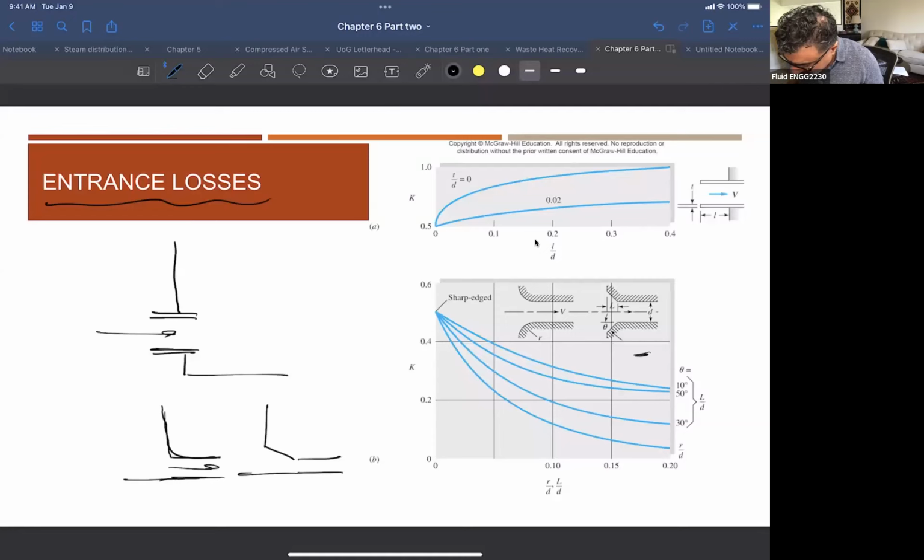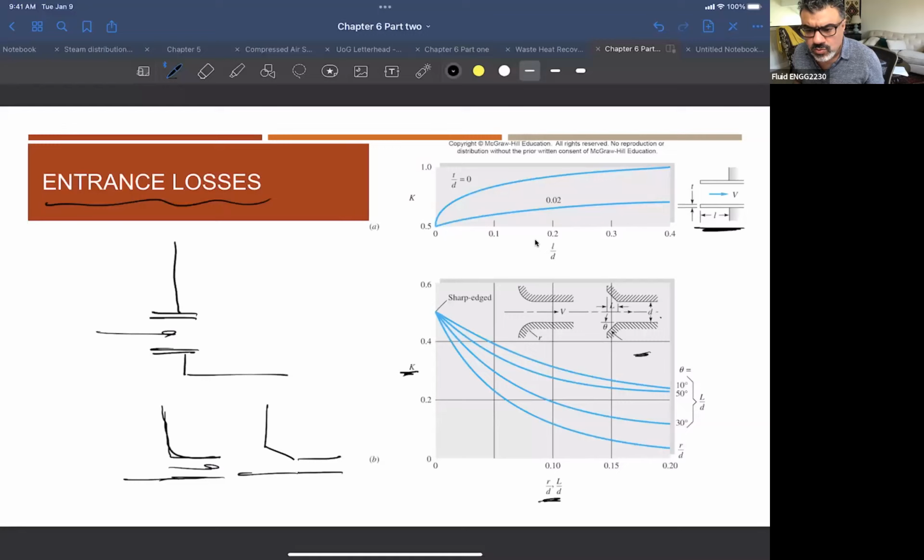Again, different charts. You will see here, for example, the chart will give you certain dimensions. You just follow what is given in the chart and try to find out your loss coefficients. It's a very straightforward thing once you look at the chart, just to find out your K, right? I'm just giving an example because you might see a completely different chart in the market, depending on the manufacturer itself. You just try to find out your K from the chart given the conditions presented in this chart.